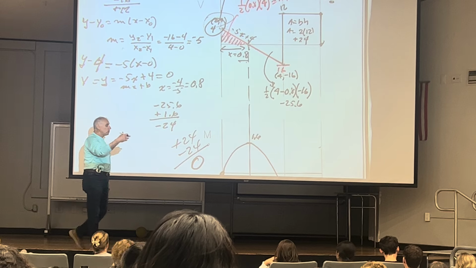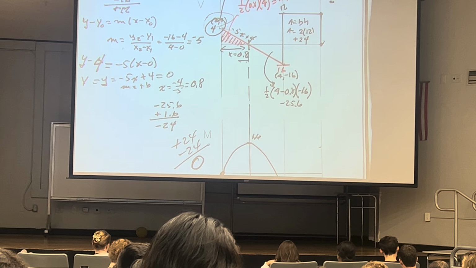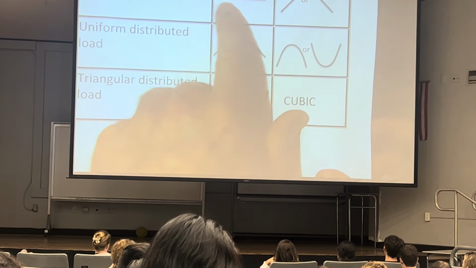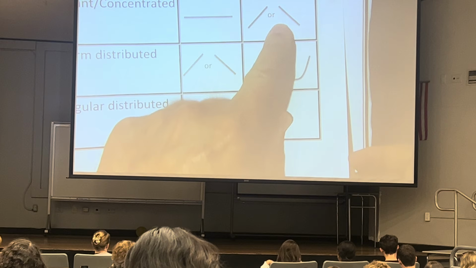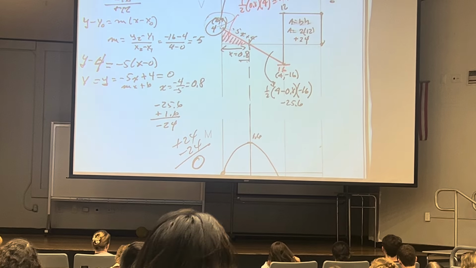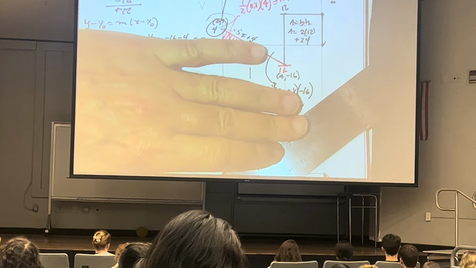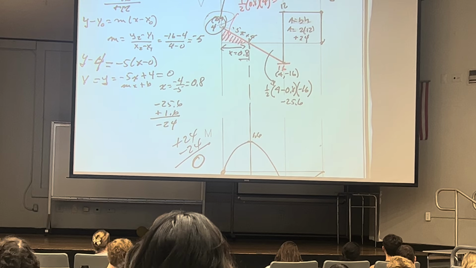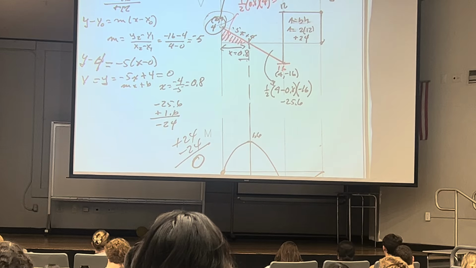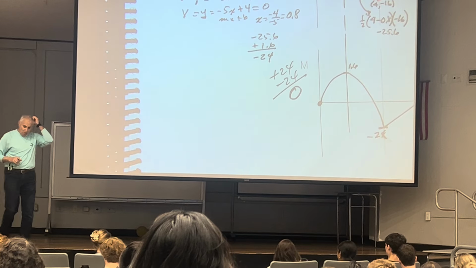How am I going to 0? I'm going to go via a line. Why? Because the shear is horizontal, that tells me I have a linear. So I'm going to go to 0 linearly. Bang. That's it. That is my shear diagram and my bending moment.